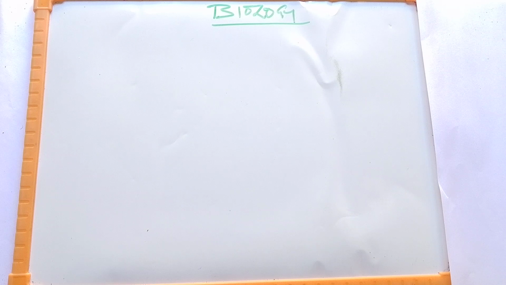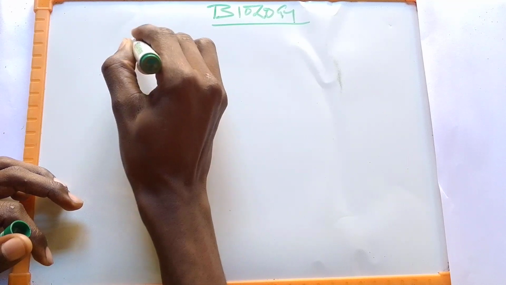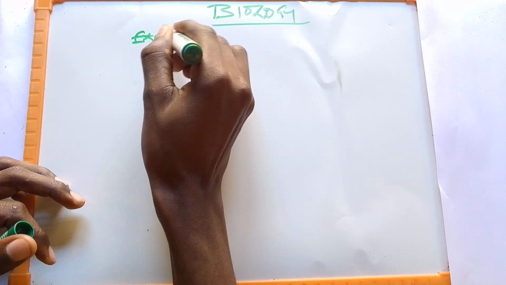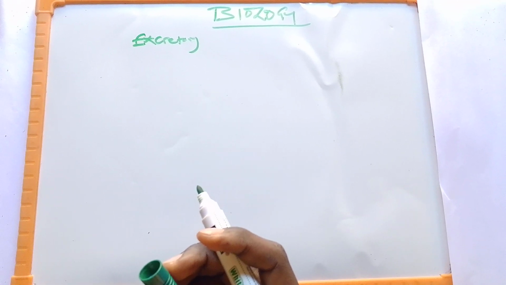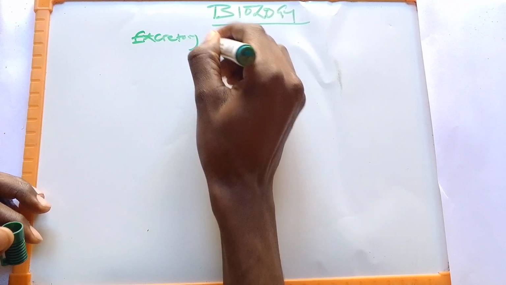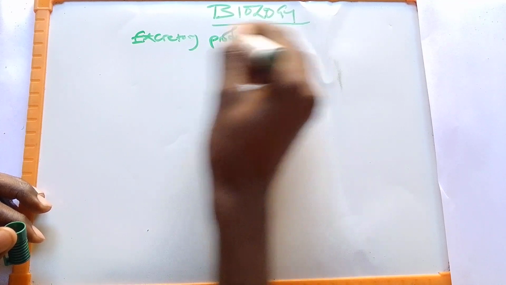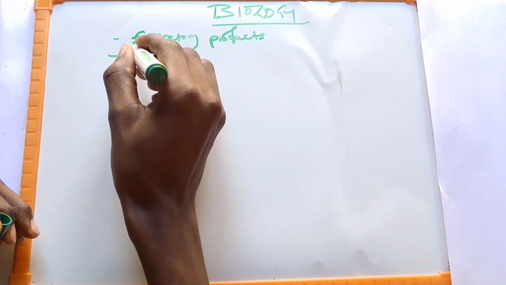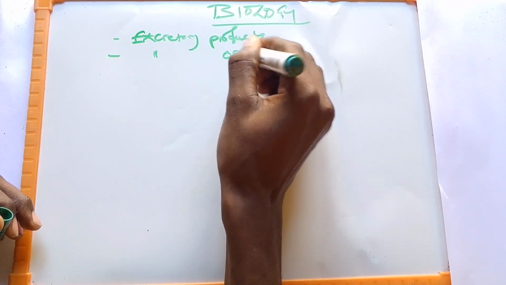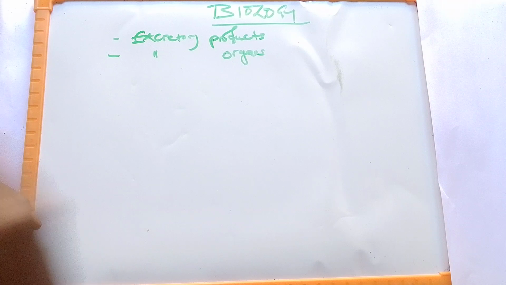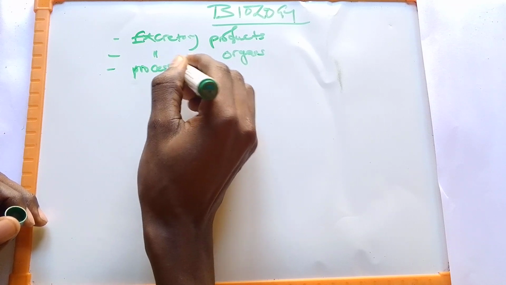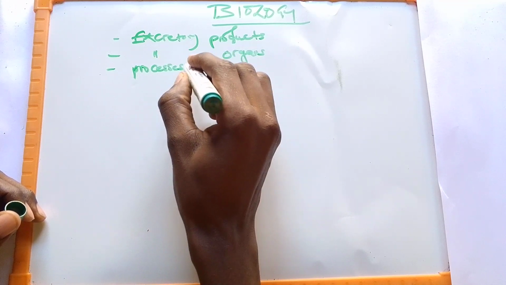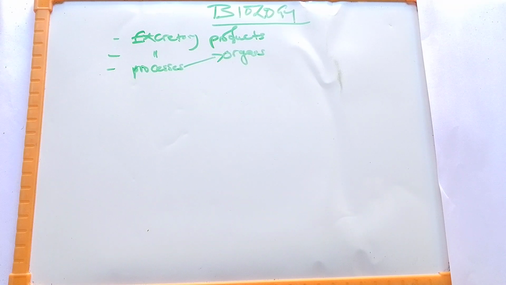Now, this segment will only discuss the following things: excretory products, also the excretory organs, and the processes involved to excrete these products of excretion.